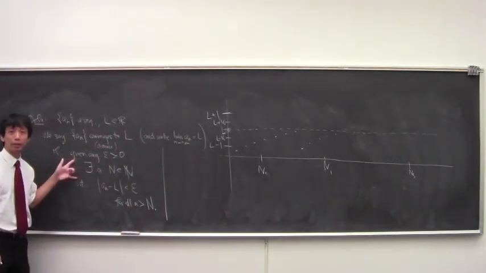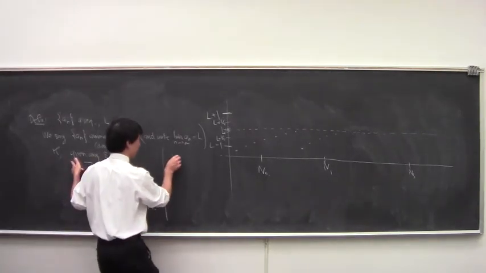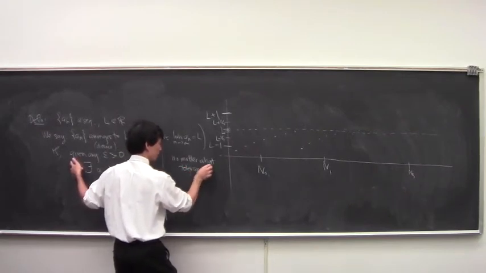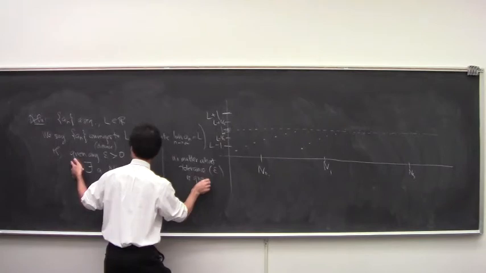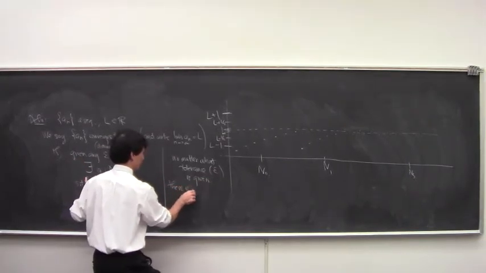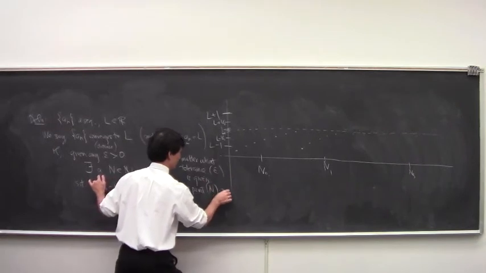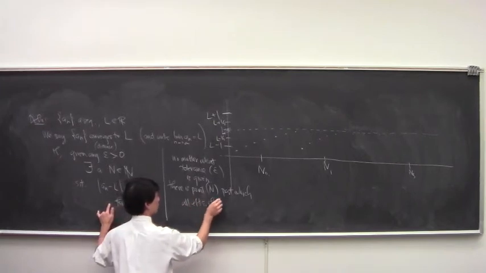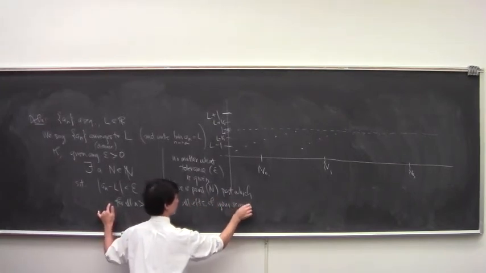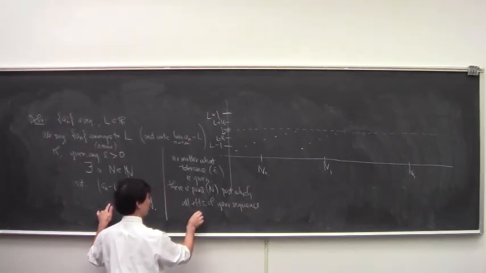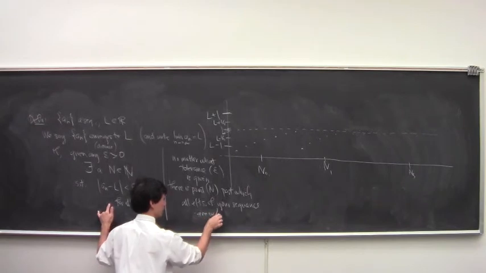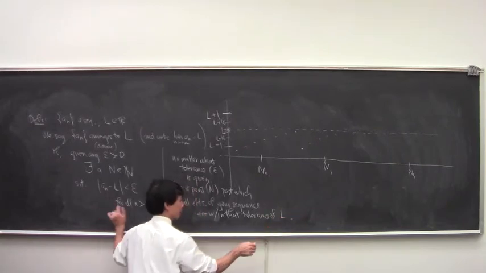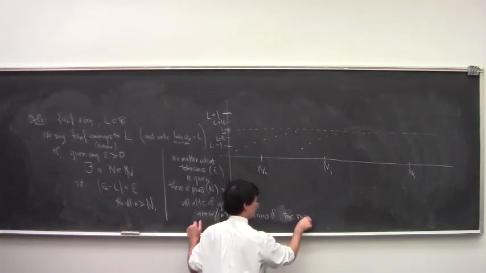That's exactly the statement here. No matter what tolerance is given, there is a point past which all elements of your sequence are within that tolerance of L, of the supposed limit.